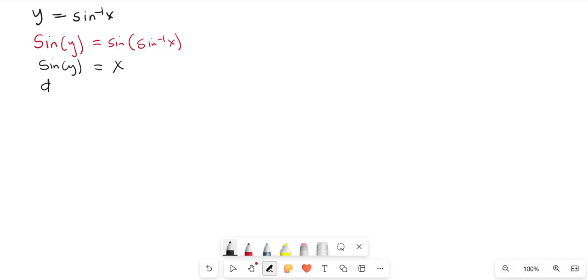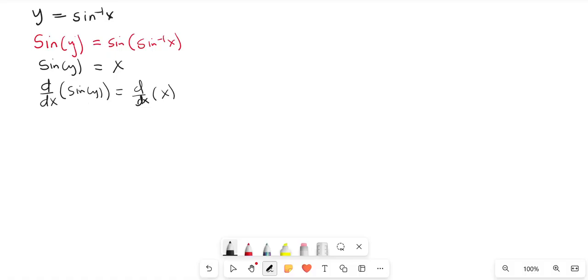So we can take the derivative here. The derivative with respect to x of sine of y is equal to the derivative of the right hand side, which is just x. Now we have to use the chain rule here, because we have to differentiate the sine function and differentiate the y, because y is a function of x.